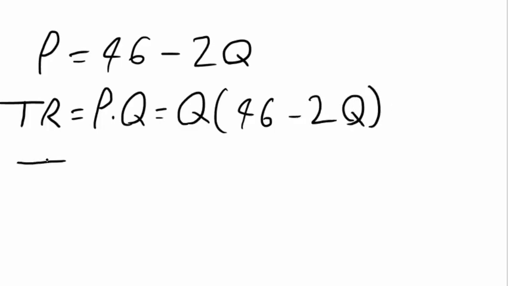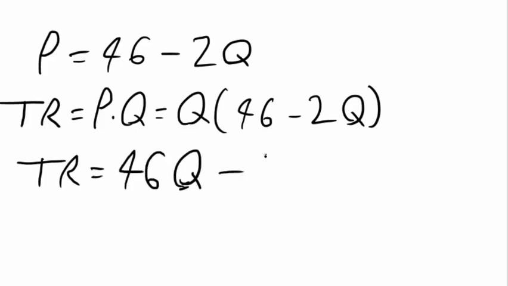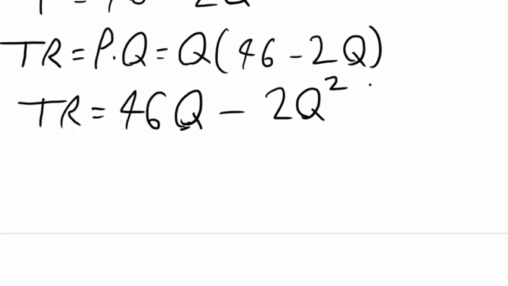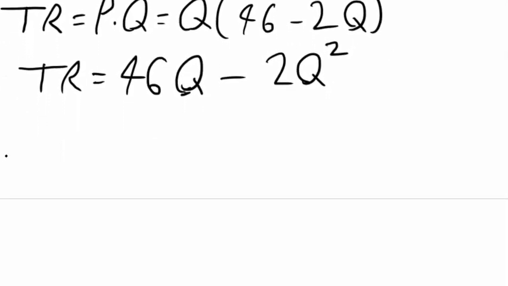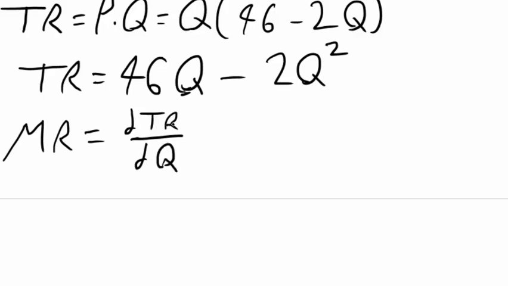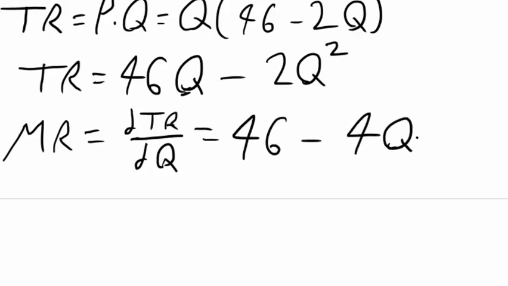And if we distribute, our total revenue is 46Q minus 2Q squared. And now in order to find the marginal revenue, we take the derivative of the total revenue function with respect to Q. So our marginal revenue ends up being 46 minus 4Q.